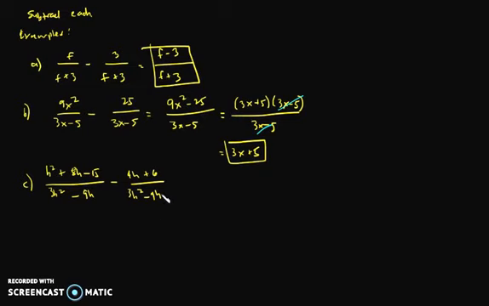Again, the first thing we need to do is copy the denominator, which is 3h squared minus 9h, and then subtract. But since you have a minus sign here, we think of the numerator as a group, so we need to distribute the minus sign. That gives us h squared, then 8h minus 4h is positive 4h, and negative 15 minus 6 is negative 21.